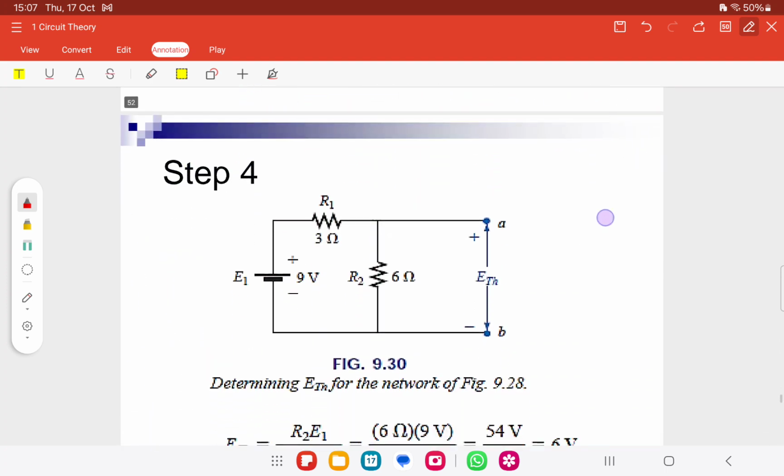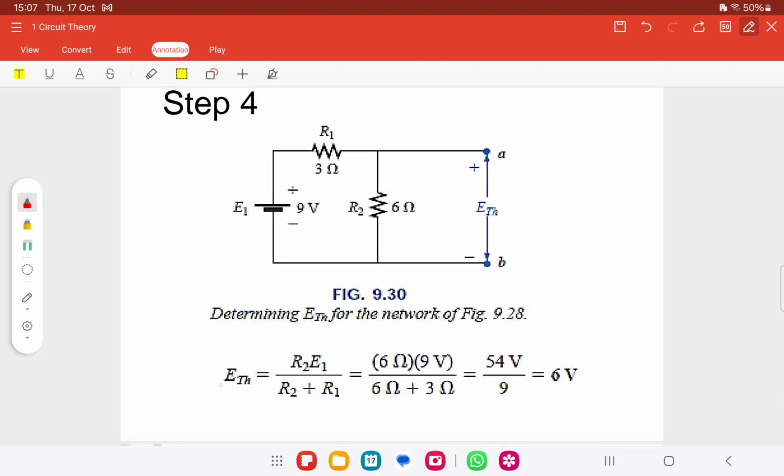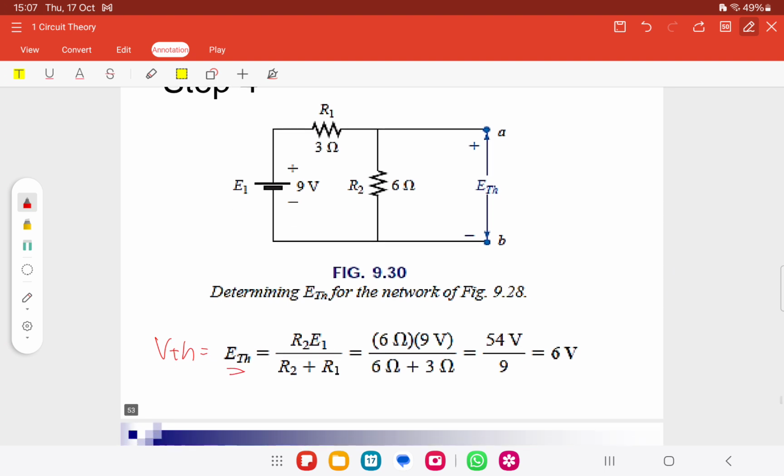Okay, so step next is cari apa pula? VTH ataupun ETH. Dia exercise lama-lama dia guna E. Sama je voltage juga. Okay, same thing, VTH or ETH. Okay, this one sekarang dia guna voltage divider kan? Because ETH dekat sini. Tadi I did mention dekat node yang kita take out tu. That is the point VTH. Okay, Madam tak nak pakai ni lah, saya nak pakai KVL.